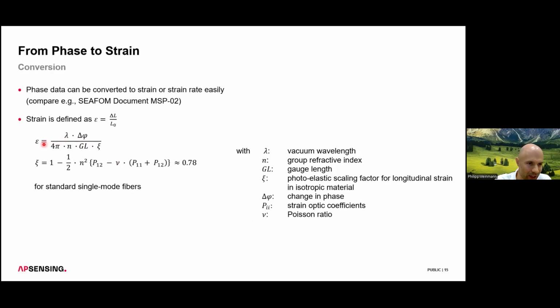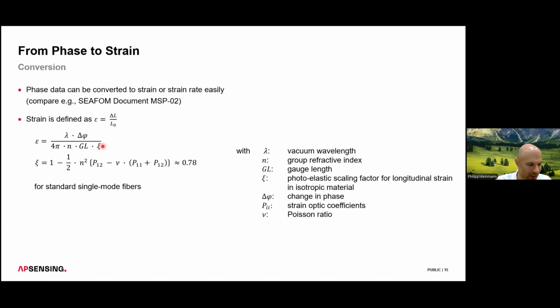You see the strain epsilon here is proportional to the phase change, which makes sense because the more the phase changes, the more the fiber has been stretched, so your strain is increasing. You will see it also depends on the gauge length, and it depends on a so-called photoelastic scaling factor, this Xi.